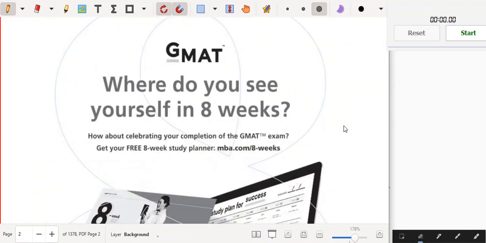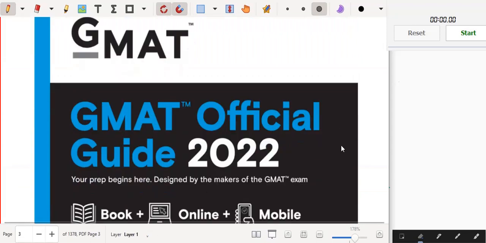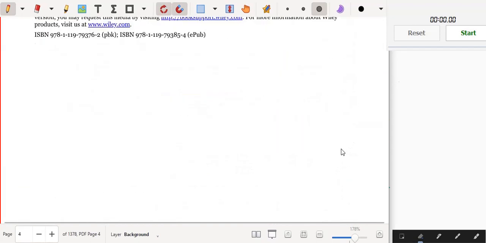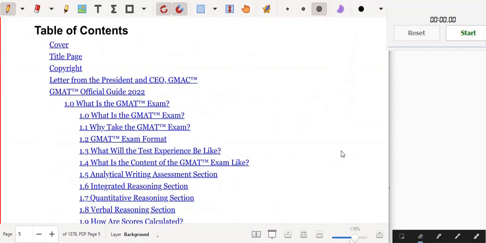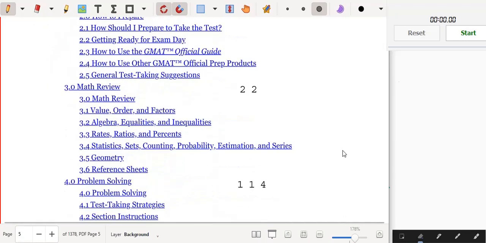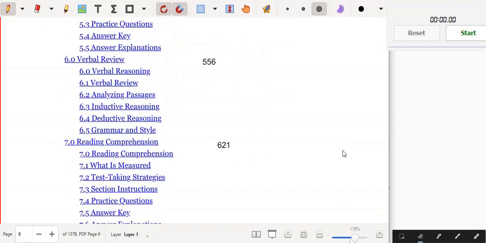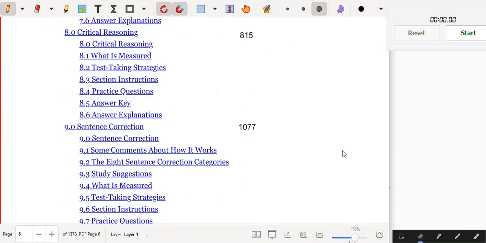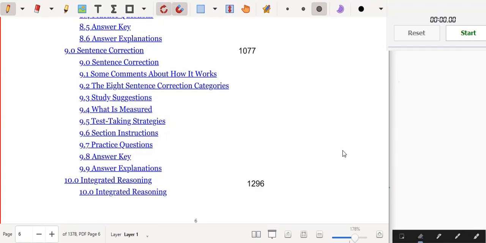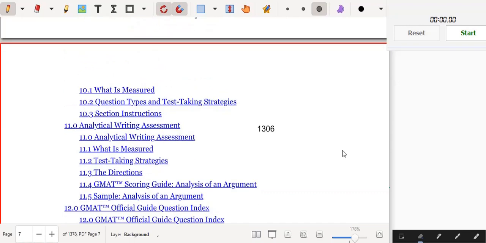it is actually segregated into several parts. Let me just show you the contents. Yeah, so this is the content. First, there is some GMAT exam formats they have given, then how to prepare, maths review, problem solving, data sufficiency, verbal review, reading comprehension, critical reasoning, sentence correction, IR, and finally AWA.